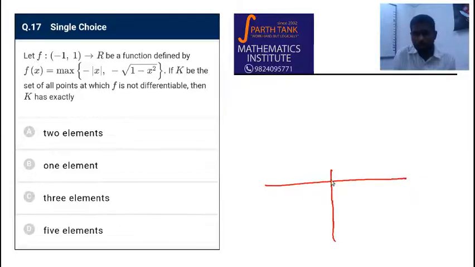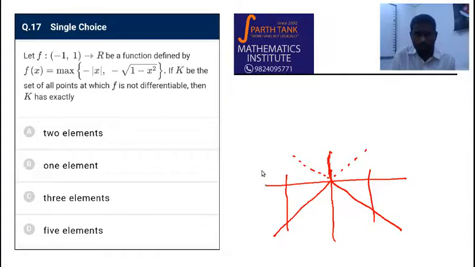Mod x basically is going to be like this, right? Minus of mod x is the reverse, so it has to be like this. But we have to cut it at x is equal to 1. So only in this region we are going to look, only from minus 1 to 1. The red is minus mod x.